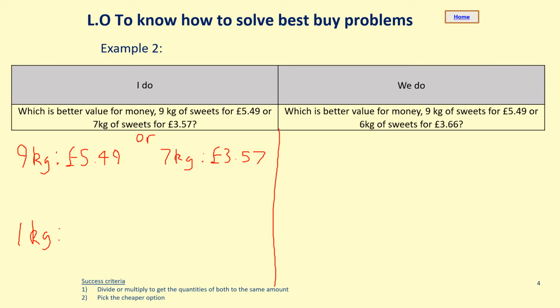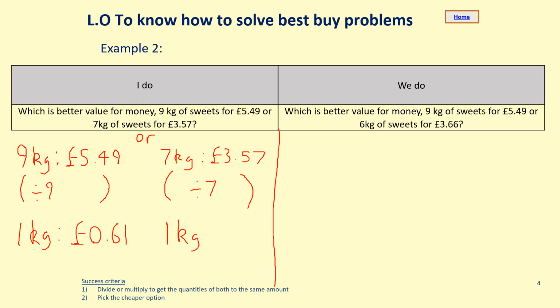So I've divided this quantity by 9, so I must also divide this price by 9 as well. So 5.49 divided by 9 gives me 61p, or £0.61. Now in the second one, if you work out the price of 1 kg, I've divided the quantity by 7 on this one. So I need to divide the price by 7.